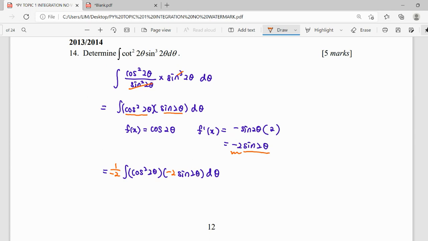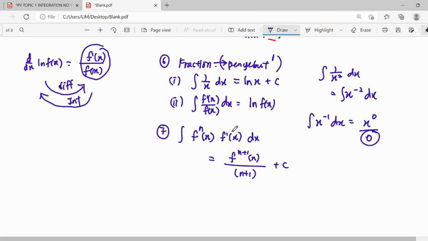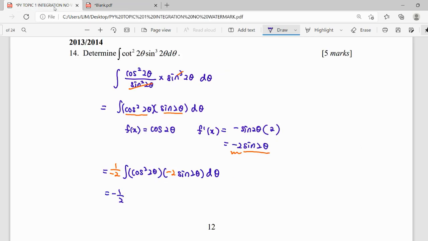So when we get that pattern, that characteristic, it means we can use our formula. When we see fx and f prime x, our function will be power plus 1 over new power. So our function here is cos.